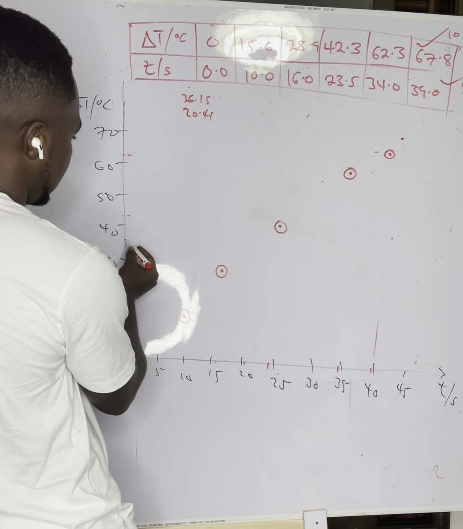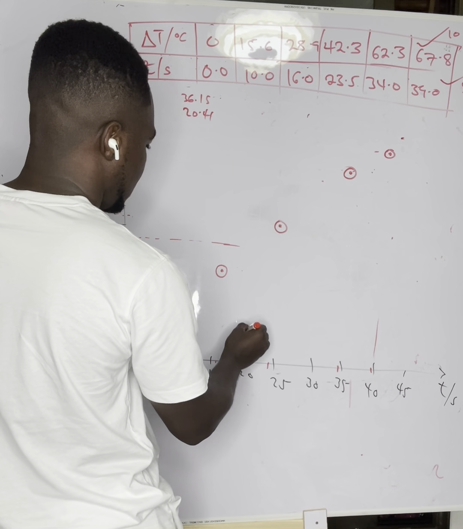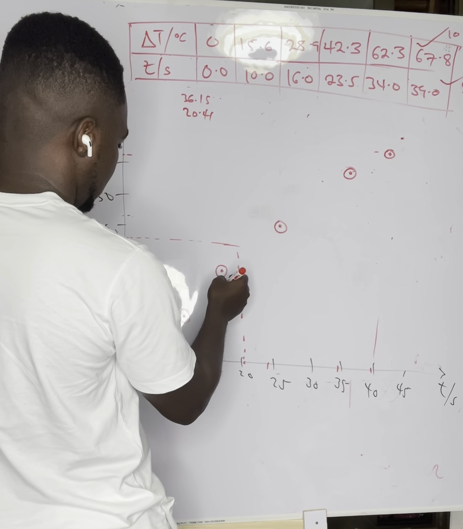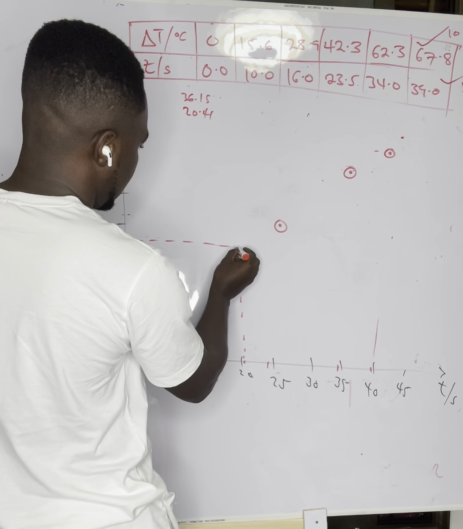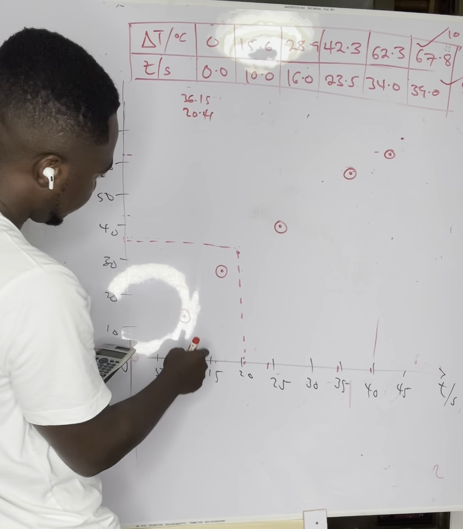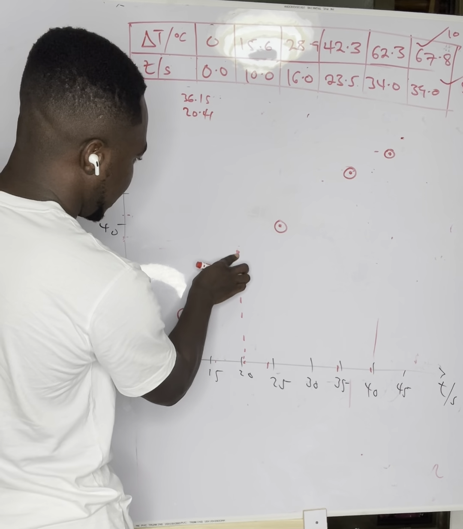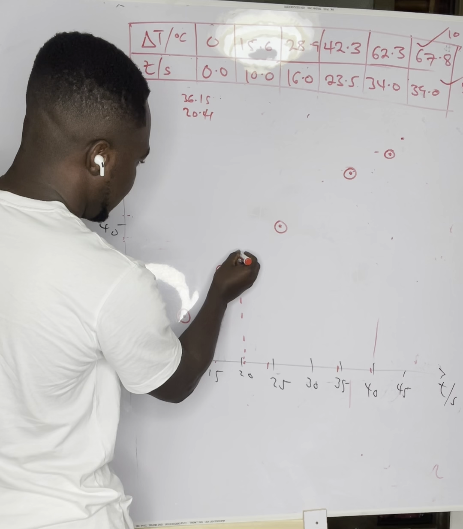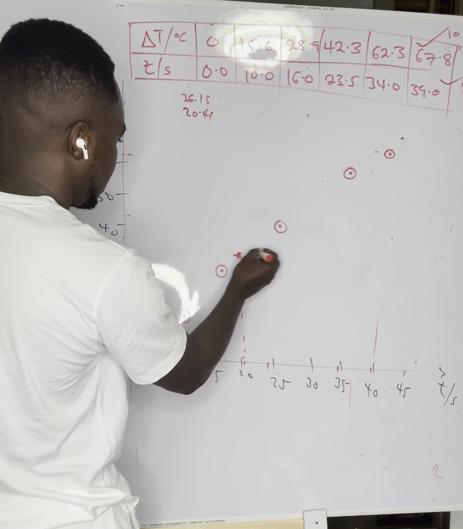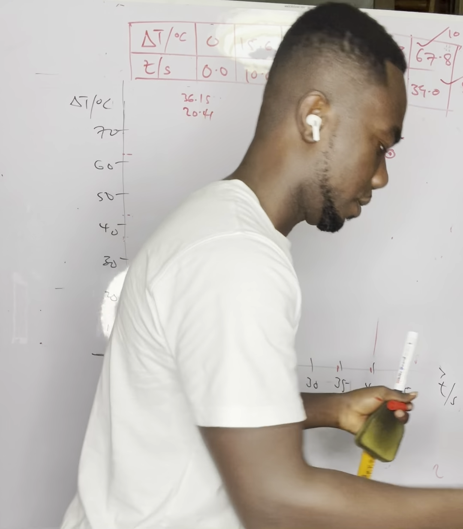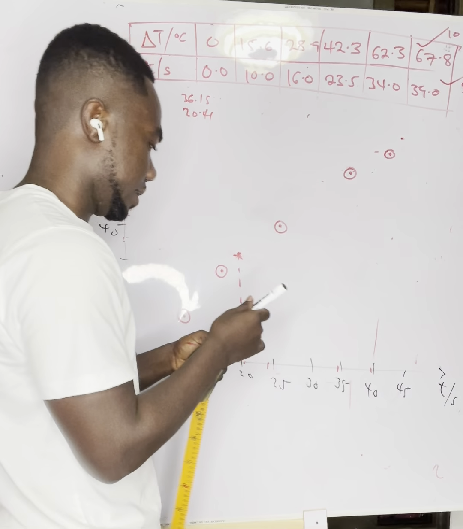So 35, 36 will be somewhere here. Okay. So we are getting the value somewhere this way. This is your centroid. Let me use a star to denote it. Okay. So meaning that your line of best fit should pass through the centroid. The centroid, that's the center.